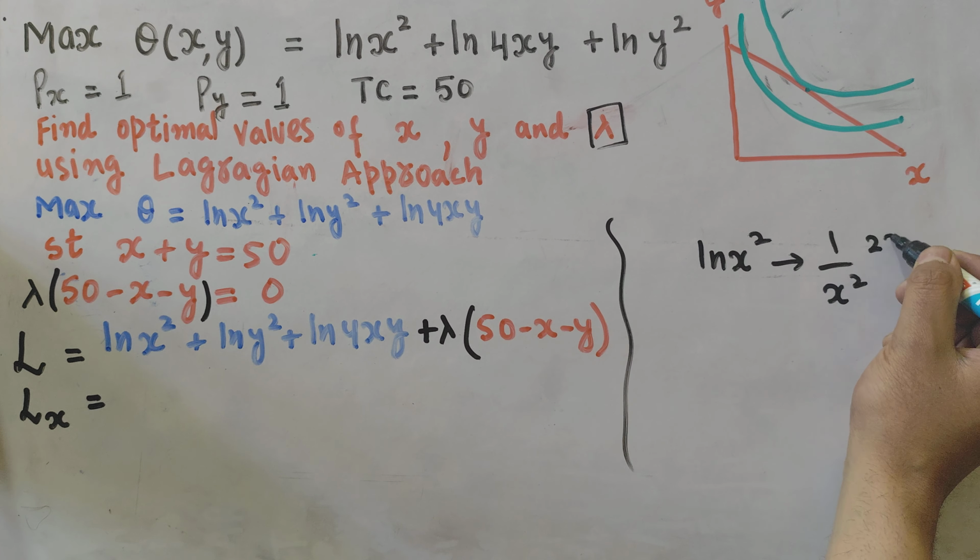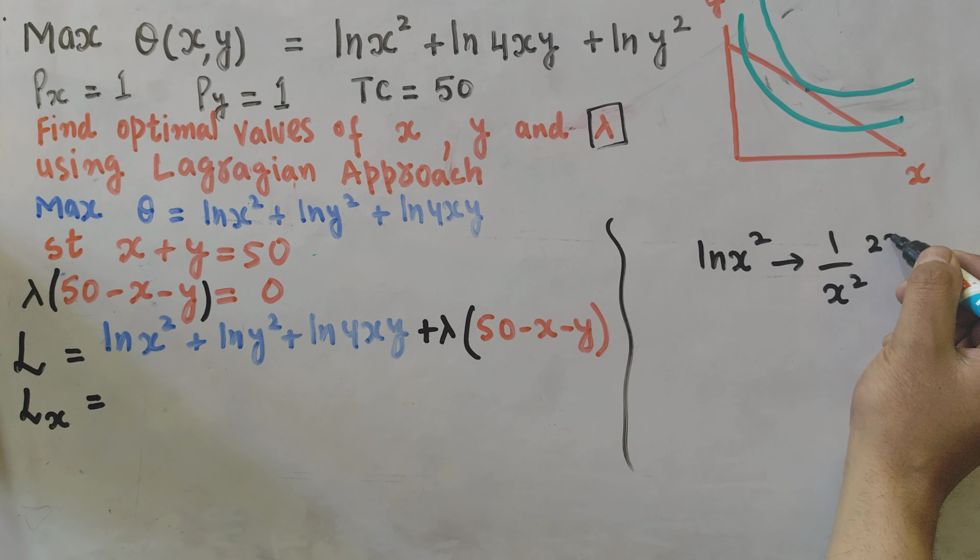The derivative of ln of y square will be 0 because we are taking partials with respect to x. Now the derivative of ln of 4xy with respect to x is 1 upon 4xy times the partial derivative of the denominator with respect to x.